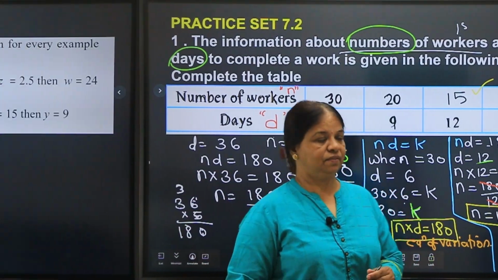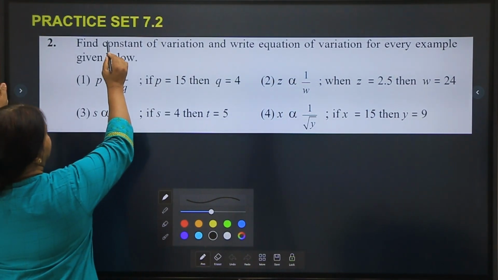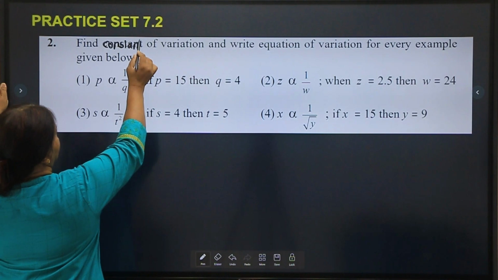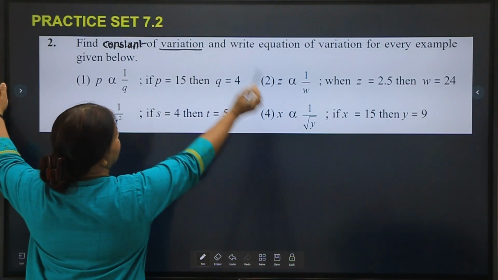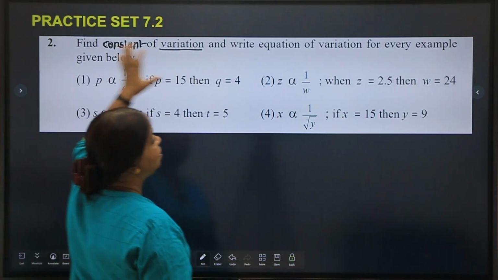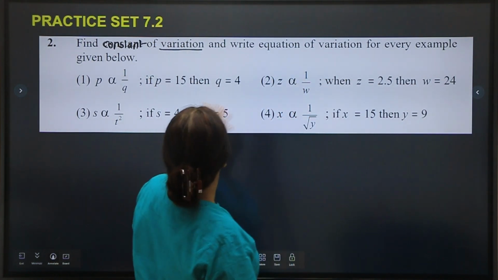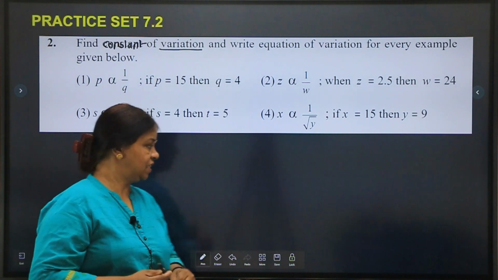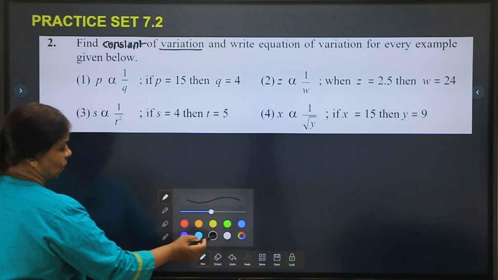Find constant of variation and write the equation of variation for every example. Only we need to find out the constant of variation and equation of variation. Let's start with this.